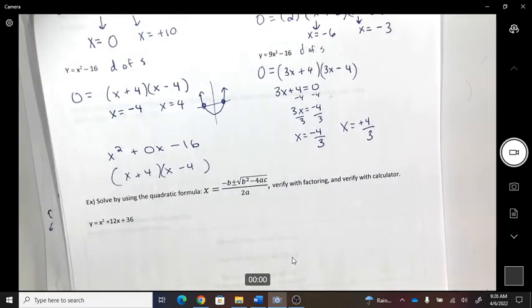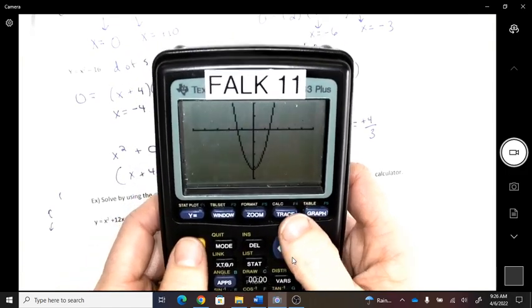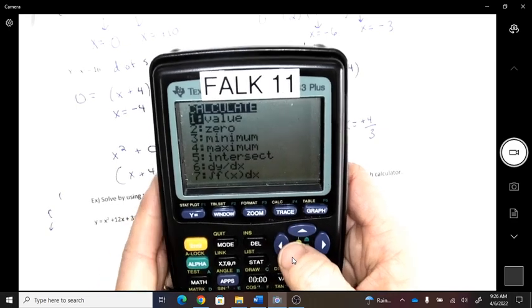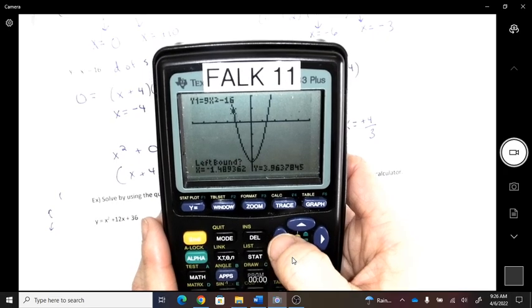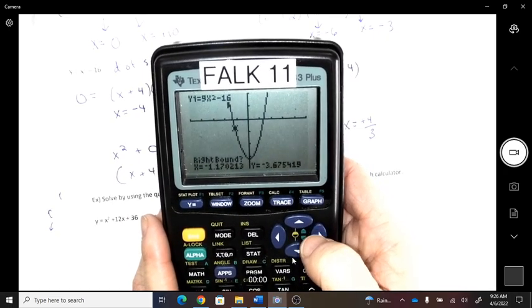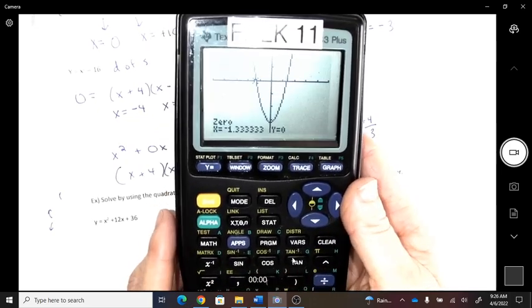And I am going to graph that one for you here. Okay, so here's my quadratic. So I'm going to second calculate the 0. I'm going to move my mouse left, enter, right, enter, guess, enter. -1.33.